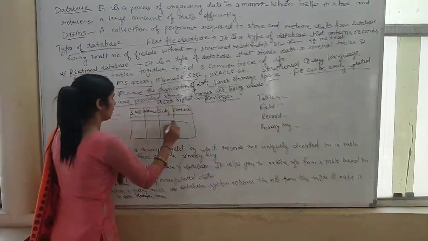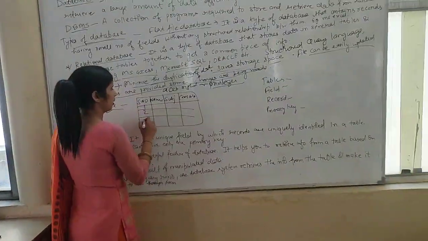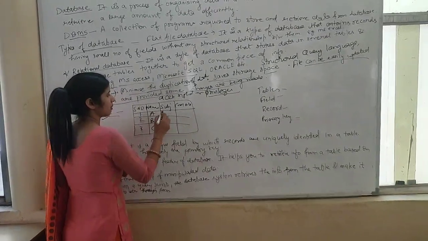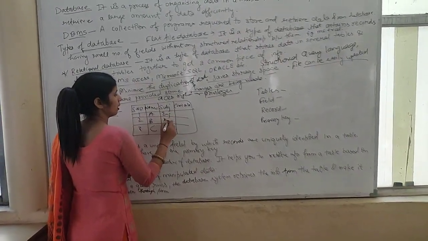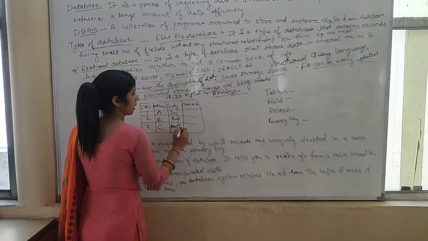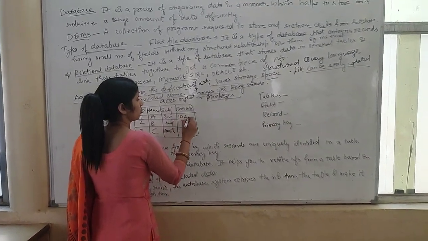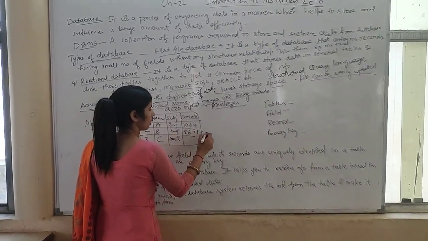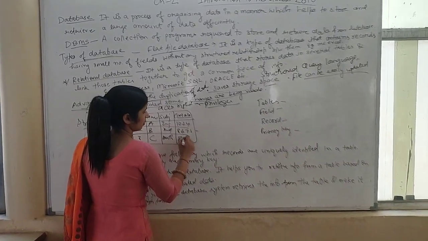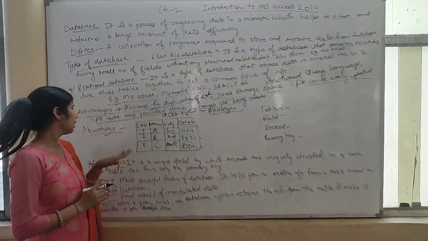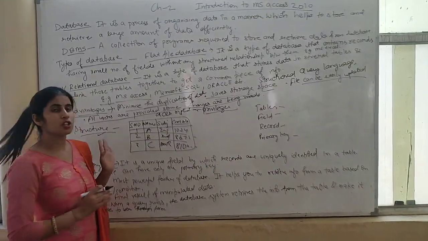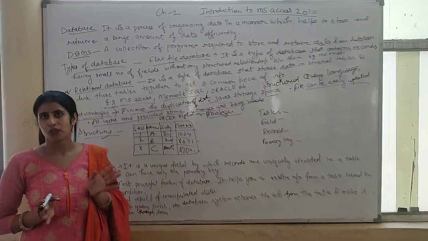Here we will have the serial number, name ABC, subject English, Hindi, maths, contact number 10248678, whatever it may be. In the structure of a database we have a tabular form.